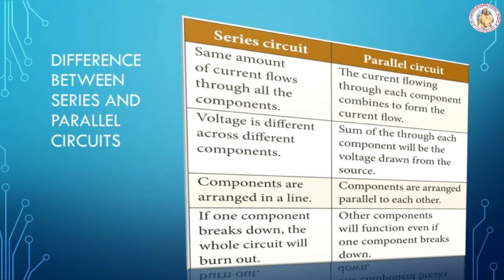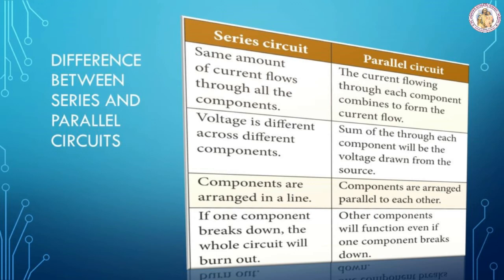Difference between series and parallel circuit. In series circuit, same amount of current flows through all the components. In parallel circuits, the current flowing through each component combines to form the current flow. In series circuit, voltage is different across different components.